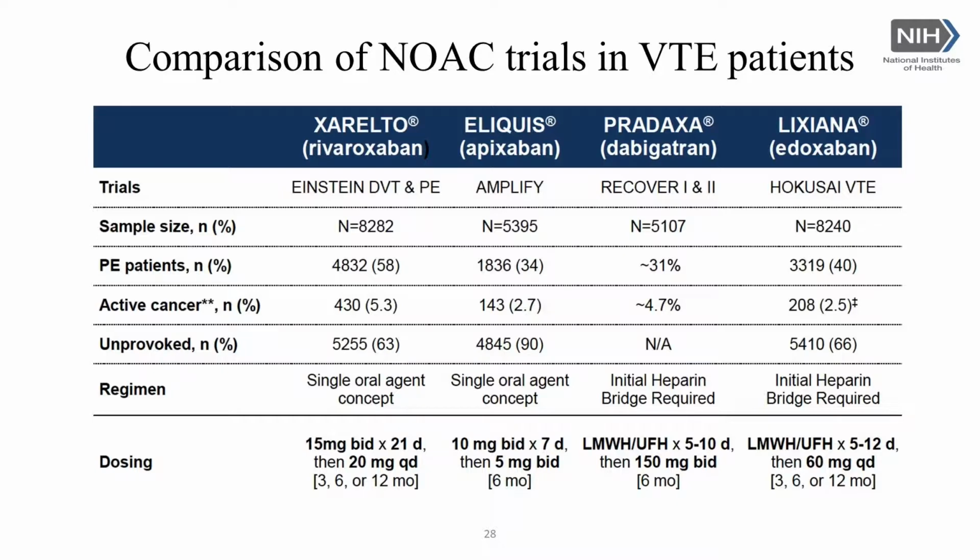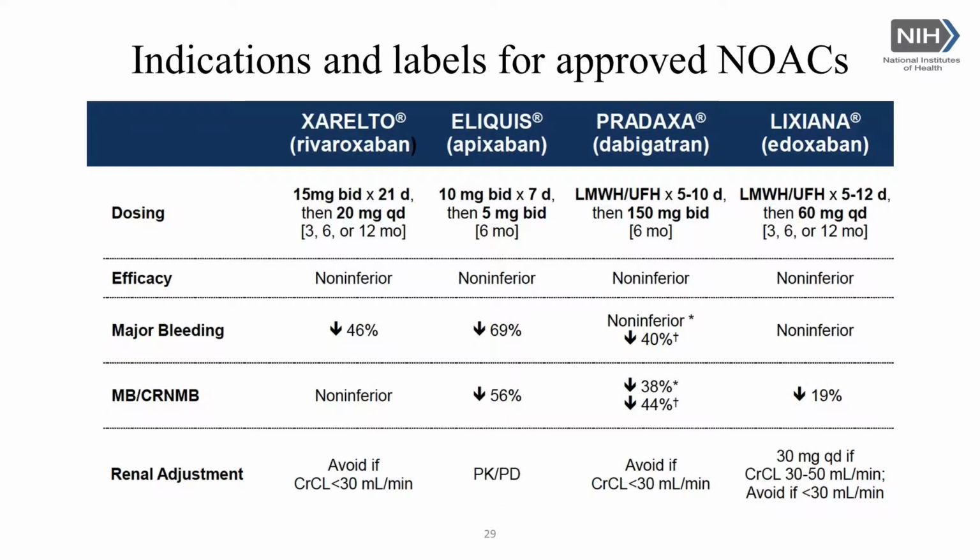You can see that they are very efficacious. All of them are non-inferior to the standard, which was low molecular weight heparin. The major bleeding rates are reduced. All of them tend to require adjustment with renal dysfunction, and this is typical in our patient population, so it's something to keep in mind.